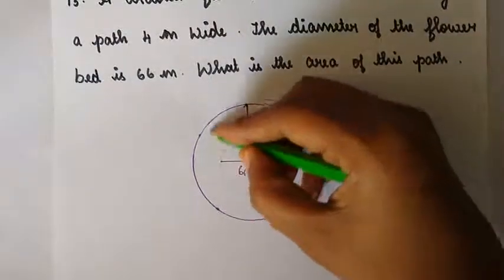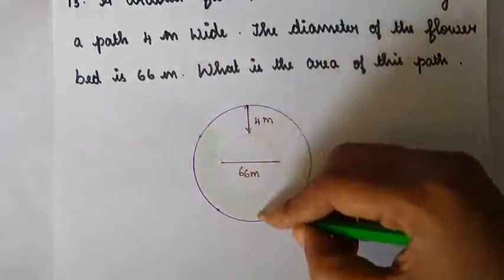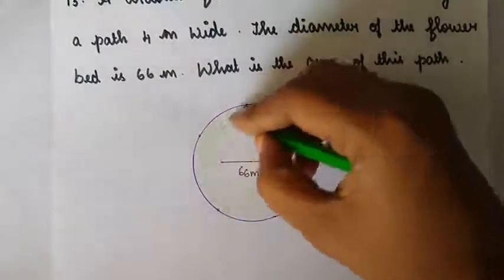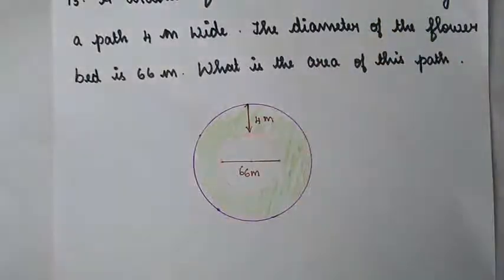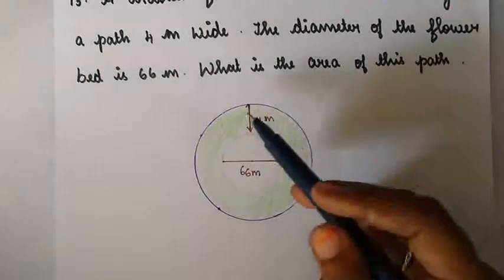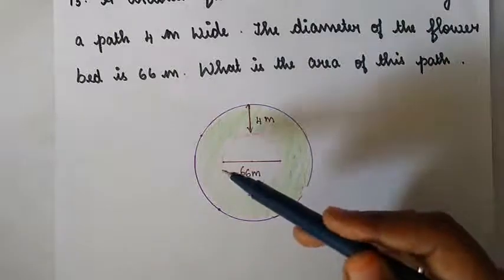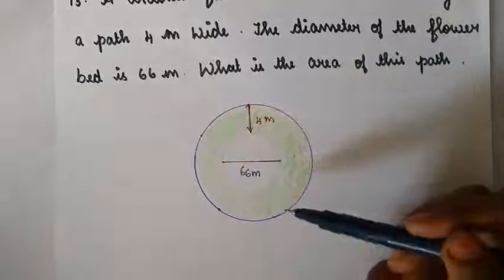We have to shade this pot. We find out the area of the bigger circle, and then we subtract the area of the smaller circle from the bigger circle.